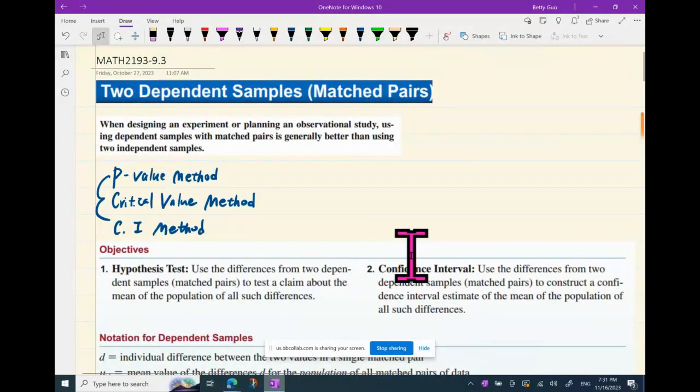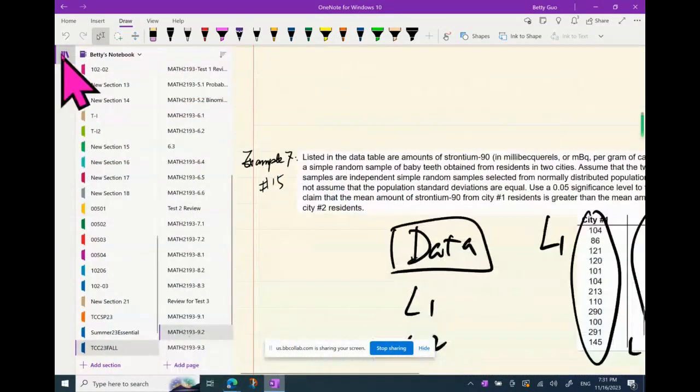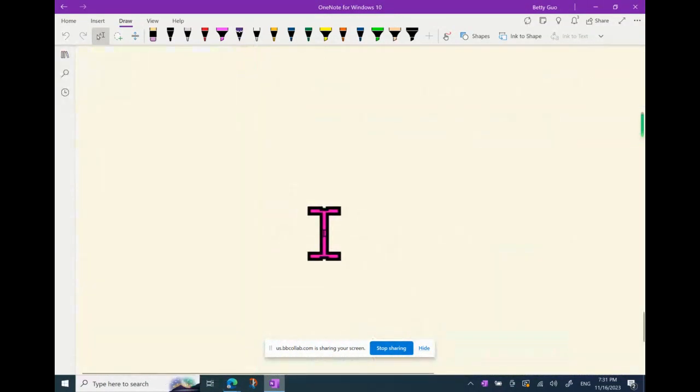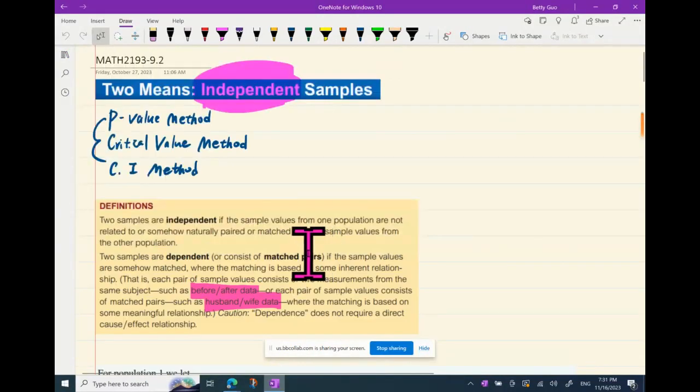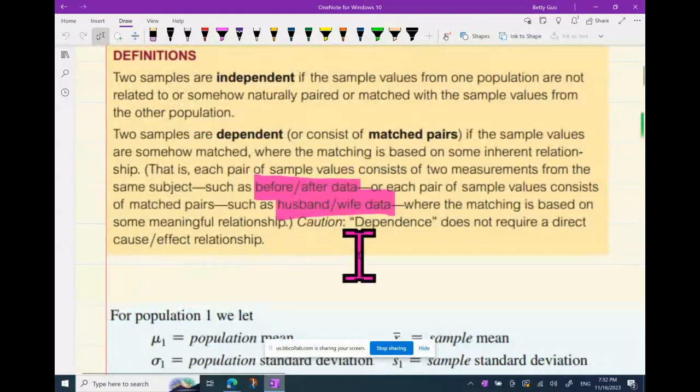We might remember on Tuesday, we went over the definition of two independent samples and two dependent samples. And we can look at the definition of two dependent samples one more time. The definition is given in section 9.2. Two samples are dependent if the sample values are somehow matched, where the matching is based on some inherent relationship.